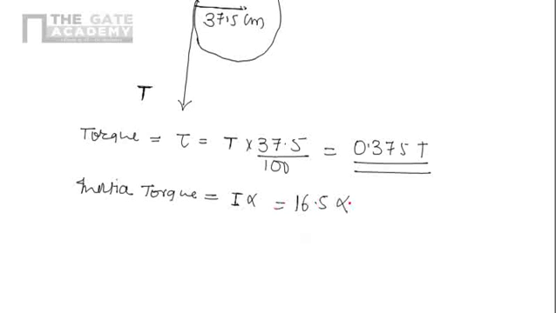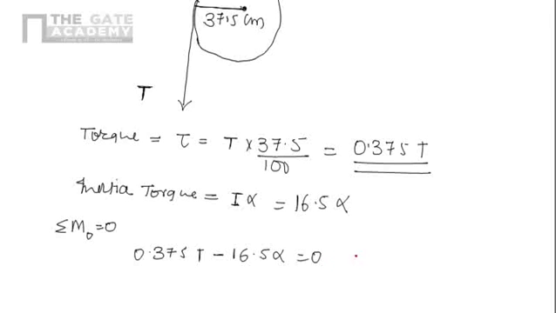Now we can apply the conditions of equilibrium, that is, the algebraic summation of moments of all the forces about O should be 0. From that I can write 0.375 T minus 16.5 alpha equals 0, because here I am considering the external torque and here the inertial torque. Similarly, like F minus ma equals 0, here we have the torque minus inertial torque equals 0.